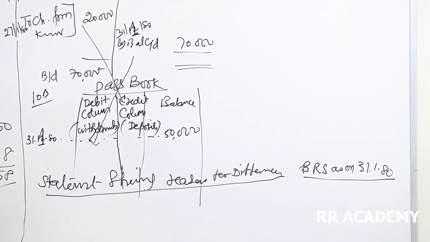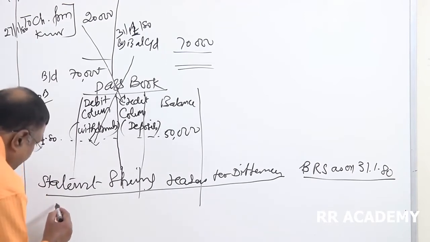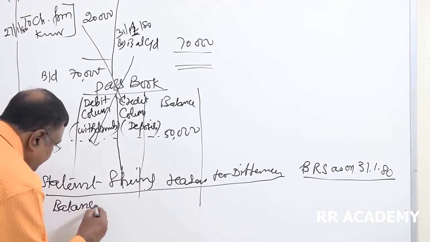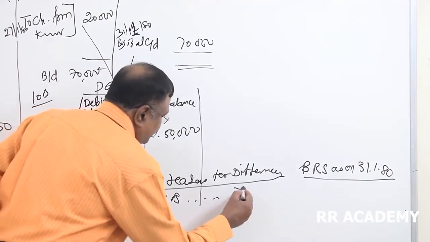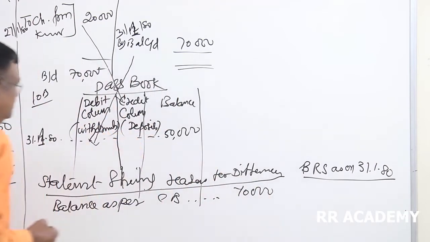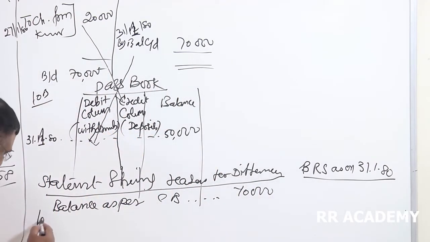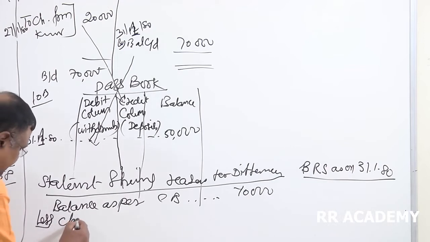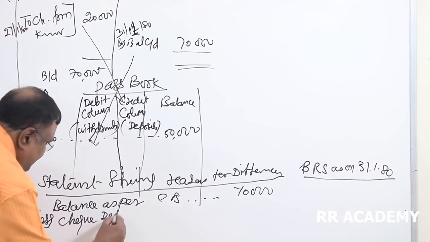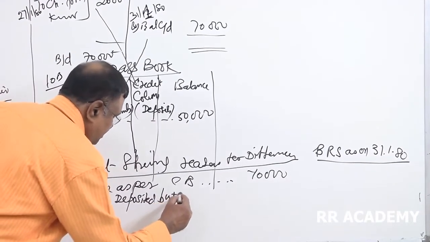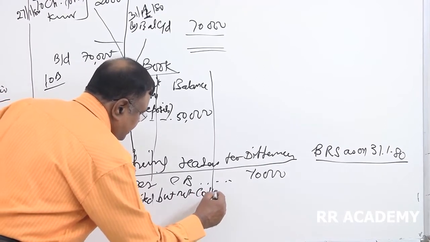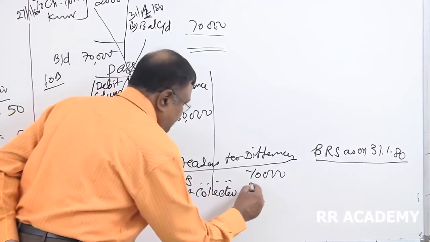Reconciling means going through between the cash book and the passbook, right? Now, sir, balance as per cash book 70,000, sir. Now, less: check deposited but not collected, 20,000.